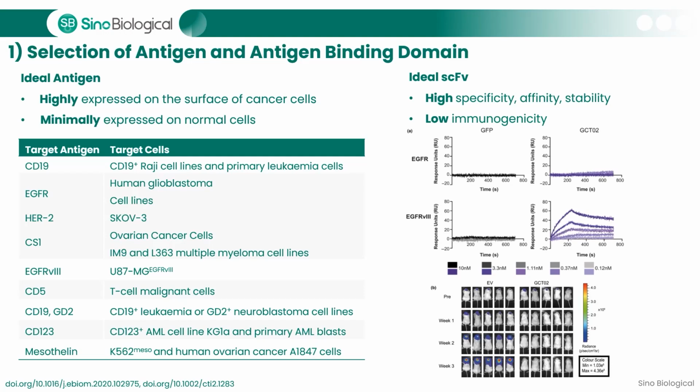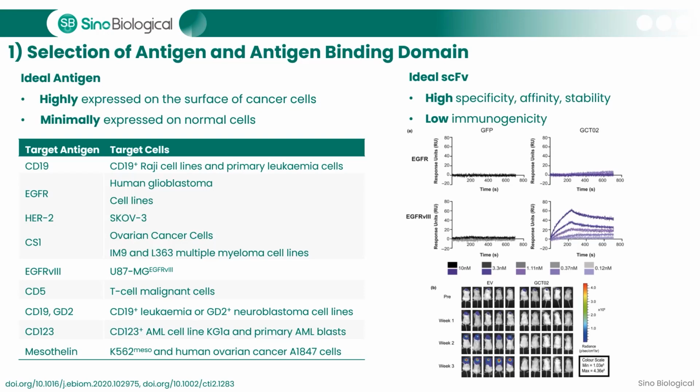SPR shows great binding of the GCTO2 scFv to the recombinant EGFR variant 3, compared to the negative GFP control, and no binding to the EGFR wild type protein at the concentrations tested.